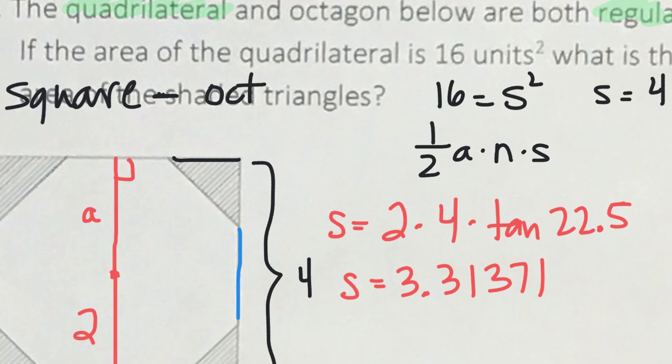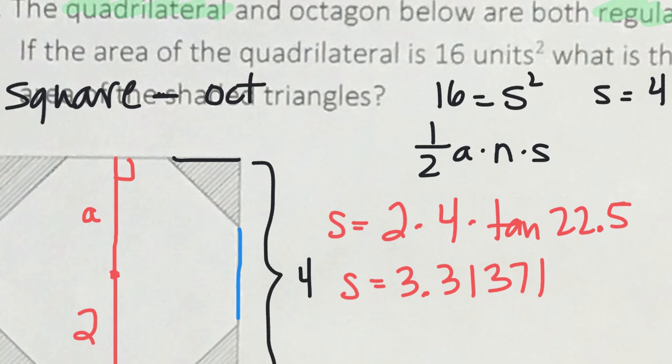3.31371. Okay, so you might have been thinking, is this half of the whole? No, the side length is not half of your square. The apothem is half of your square, and this turns out to be way more than half of your square, more than 75%.